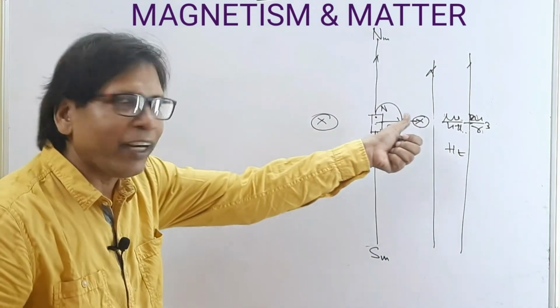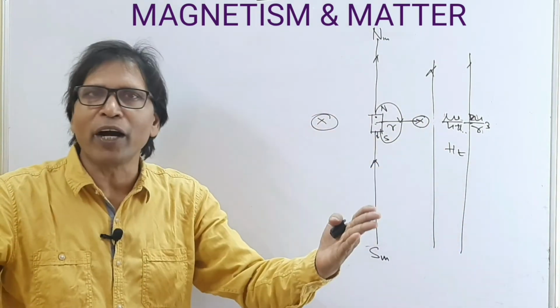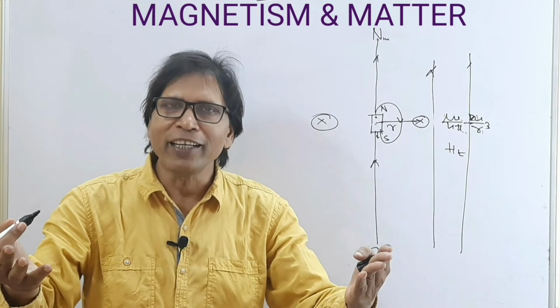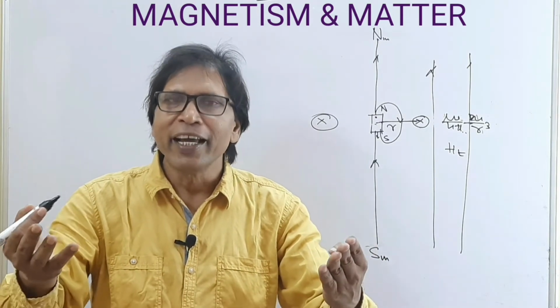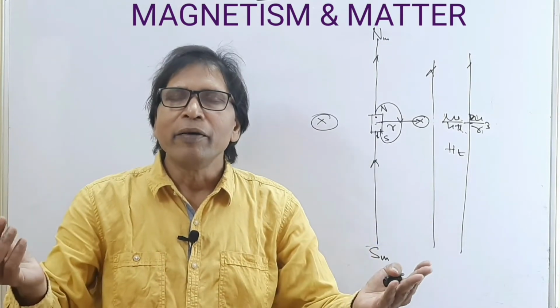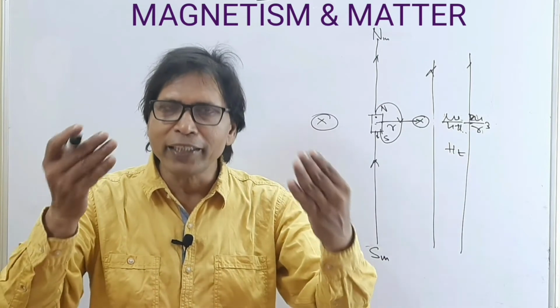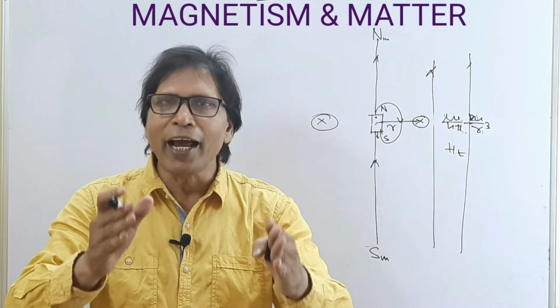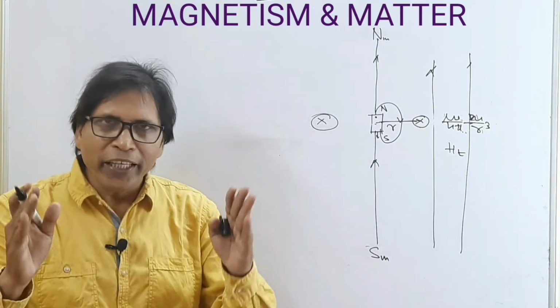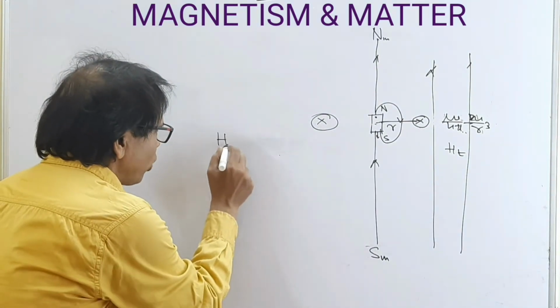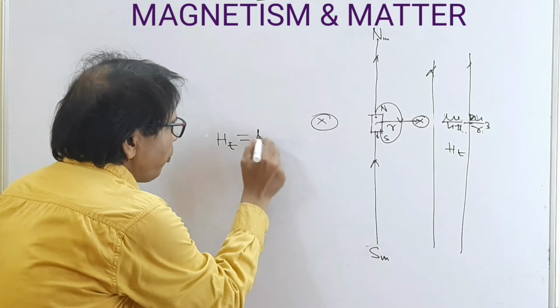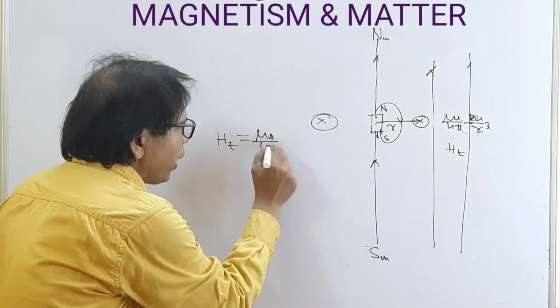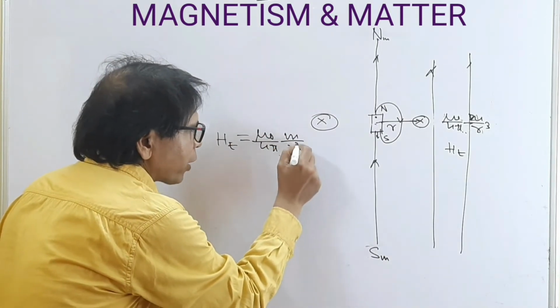Okay, so at the neutral point the magnetic field due to bar magnet and magnetic field due to horizontal component of terrestrial magnetism are equal and opposite. So here HE equal to mu naught by 4 pi into m by r cube.